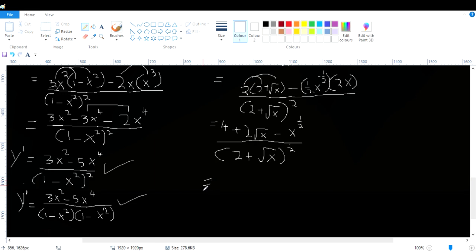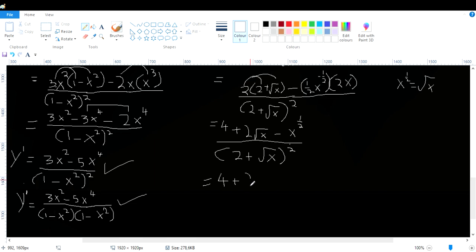Now let's minus here, because here we have like terms, because x to the power 1 over 2 is the same as root x. So here we have like terms. Let me just write it here.